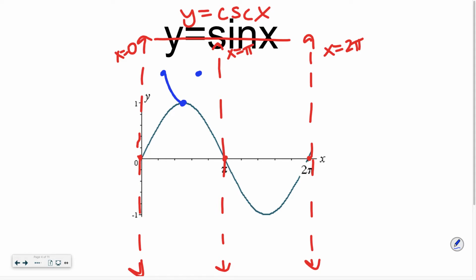What happens is we get this U shape, where these U's go on forever as we approach the asymptotes.